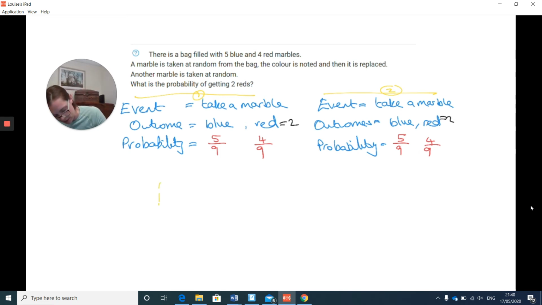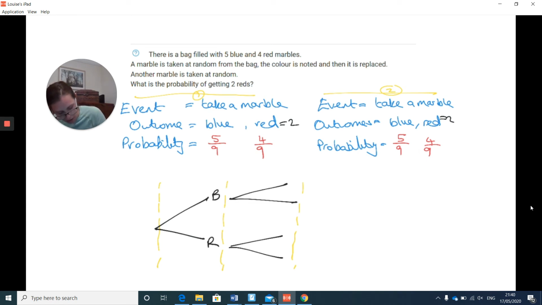So let's build it. So I've got something like this, 1 column, 2 column. So I start here, 2 branches, which could be blue and red, and here, out of each of these 2 branches, blue, red, blue, red. Let's put some probabilities on it.